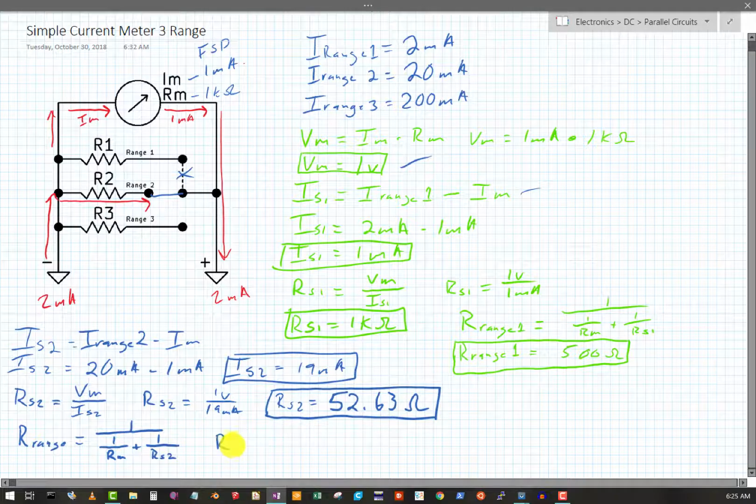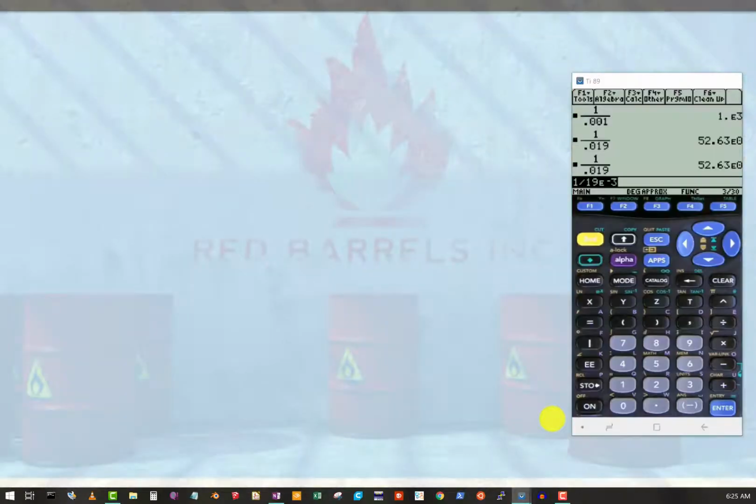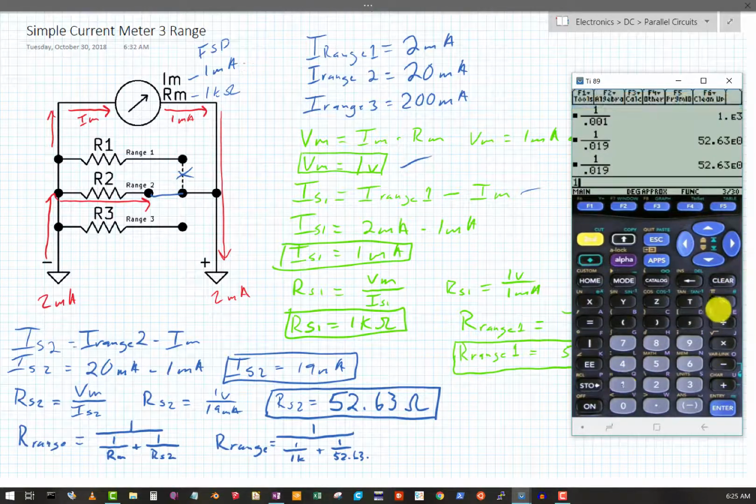So R range 2 is 1 over 1k plus 1 over 52.63. Let's pull up the calculator and type it in just like we see it: 1 divided by, 1k, plus 1 divided by, I'll bring my minimally rounded number in, and close parentheses.